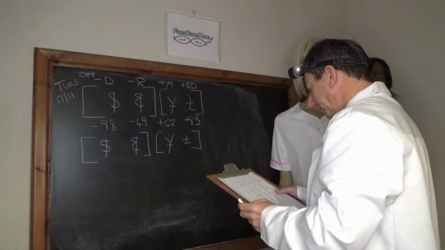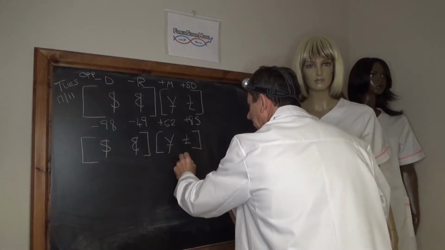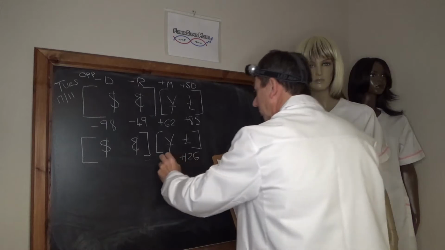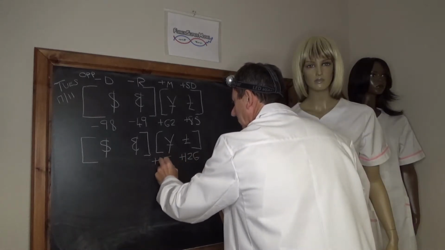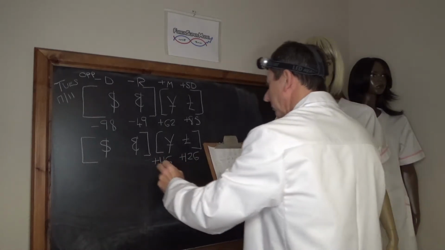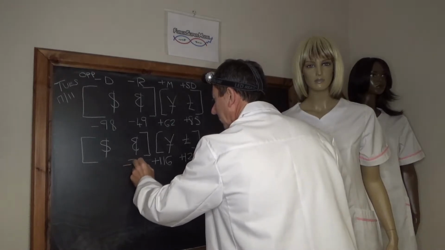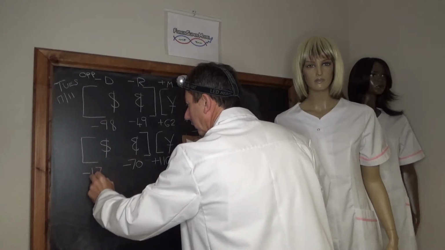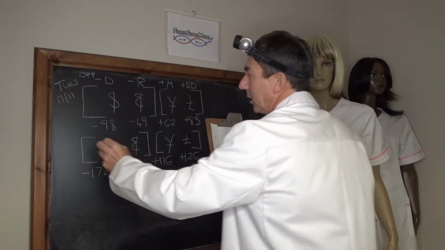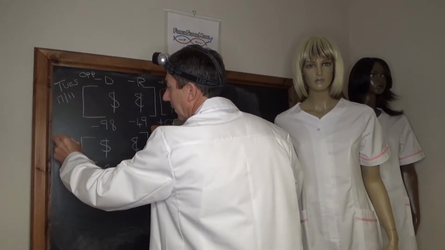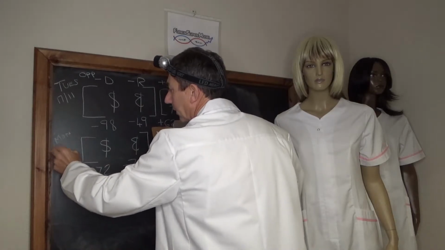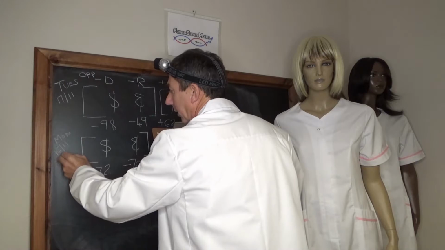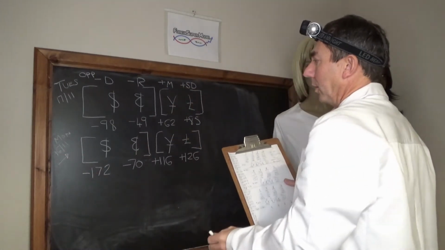So plus 126 on the pound, and the yen is plus 116. The euro is minus 70. The dollar is minus 172. So this is from Monday the 16th, which was the beginning of the week, to about half an hour ago. So that's the intra-week flows.